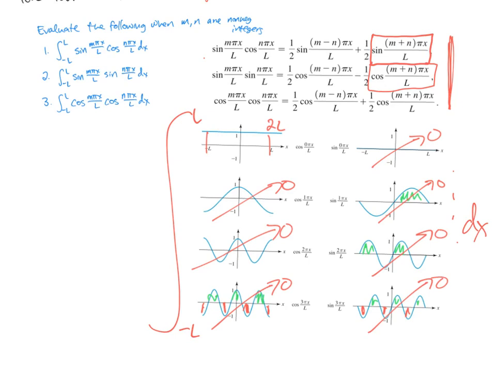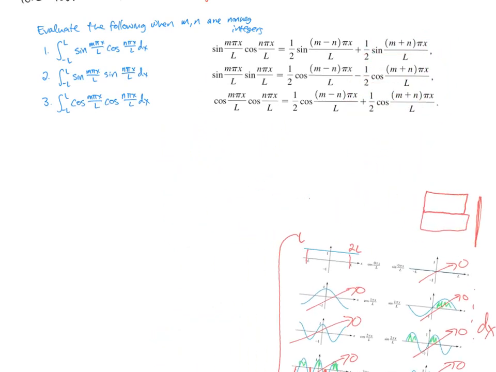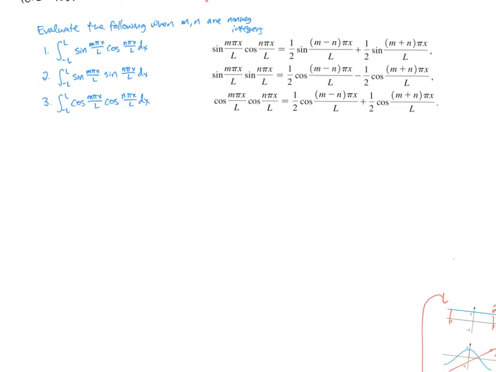Okay, so let's summarize. And so for integral 1, we get the integral from negative L to L of sine m pi x over L cosine n pi x over L dx. And I can write that out using my trig identity.